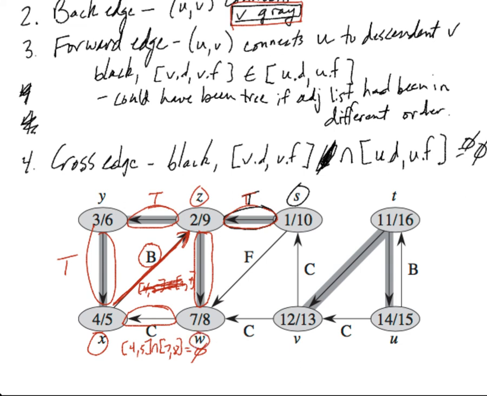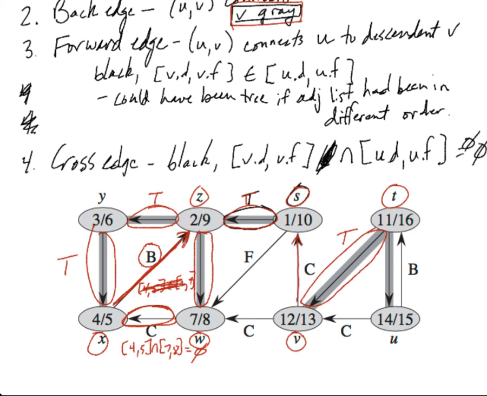Now we've processed that edge, and we come out of the recursion stack to S, and we're done with that tree. And now we're going to process T. The first one we process is this edge. It's a tree edge because V is white. Then we process V. We'll process this edge first.